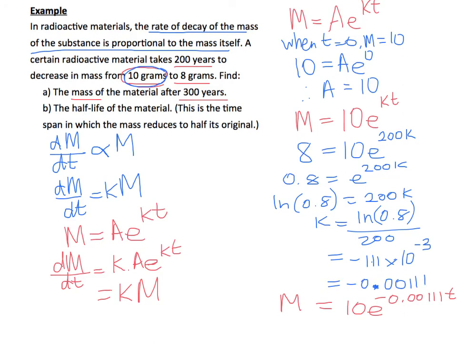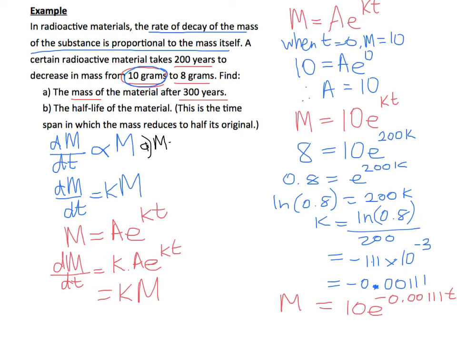All right, now we want to find the mass. Now we want to actually answer the question, which is to find the mass of the material after 300 years. So when t equals 300, because we're letting t be in years, because the initial time that we were given there was in years. So the mass when t equals 300.